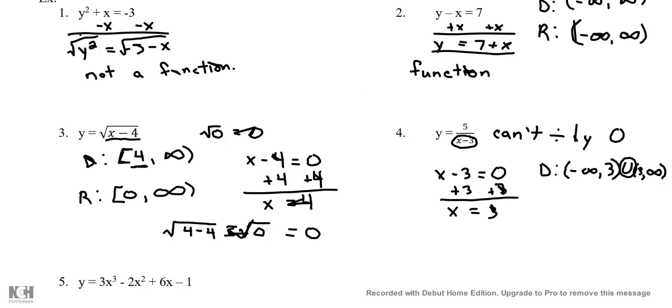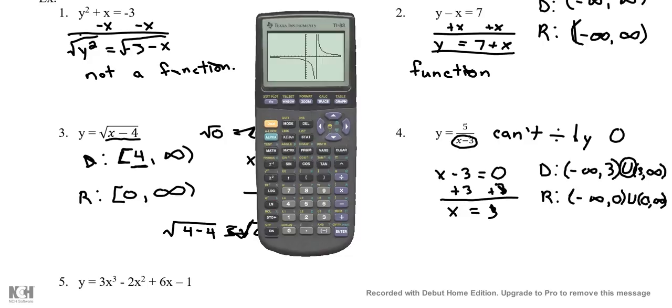The range of this graph is negative infinity to 0 union 0 to infinity for the same reason. If I look at the graph, the left hand part never gets to 0, the right hand part never gets below 0, so 0 is the dividing factor of my range.